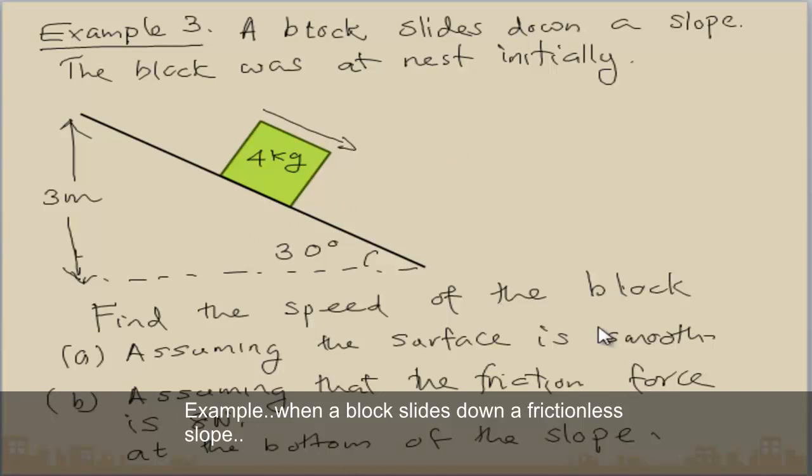So the question is, find the speed of the block at the bottom of the slope, first assuming the surface is smooth, and then assuming that the friction force is 8 newtons. So two questions. First, we assume that this is a frictionless surface, and then what would be the speed at the bottom of the slope? And then we consider that there is a constant friction force of 8 newtons, and then in that situation, what would be the final speed of the block?